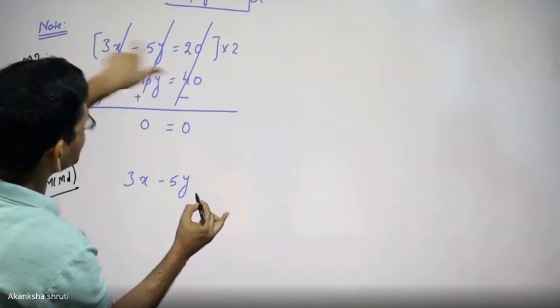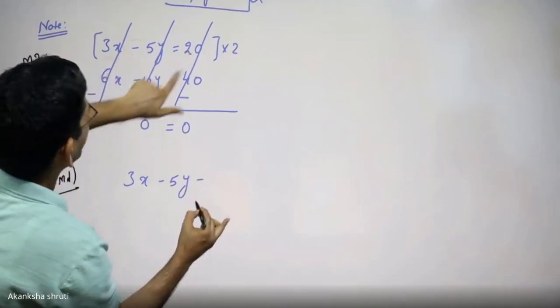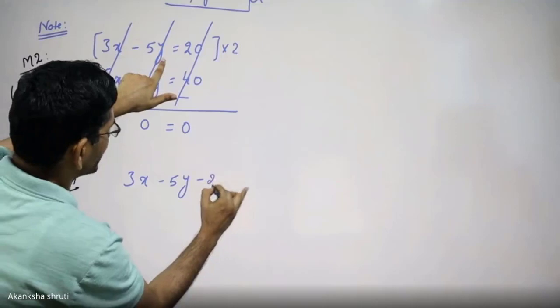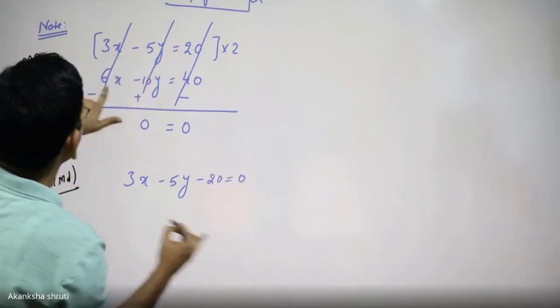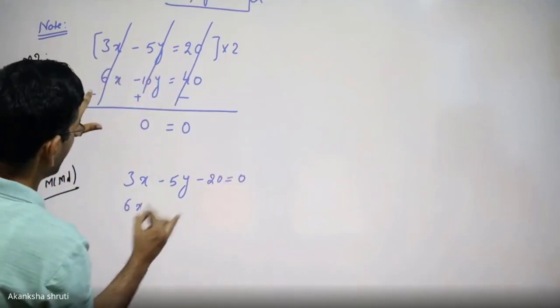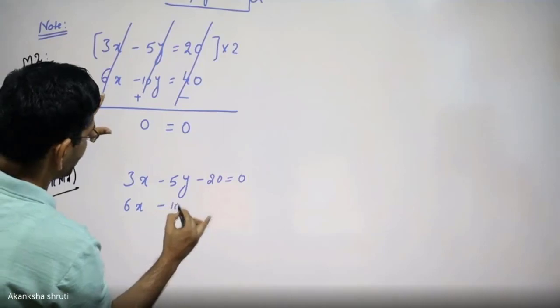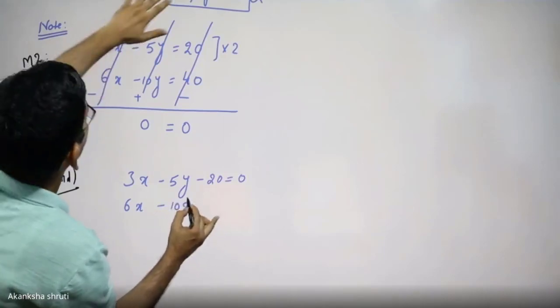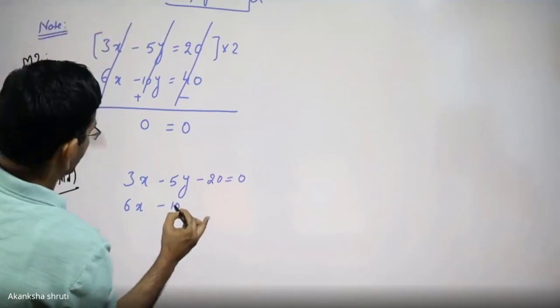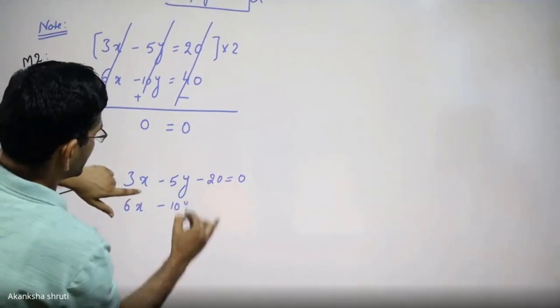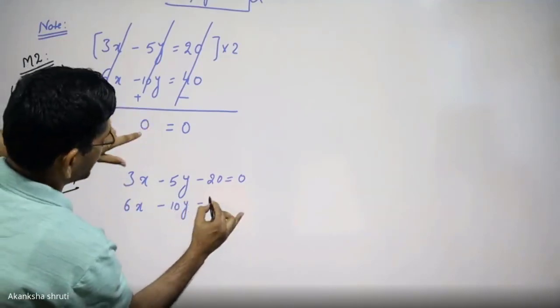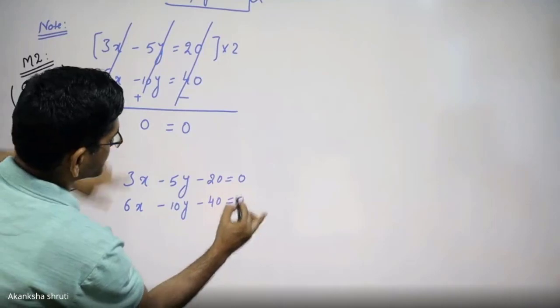For the cross multiplication method, we need to write it in standard form. So minus 20 equals 0. The second one is 6x minus 10y minus 40 equals 0.